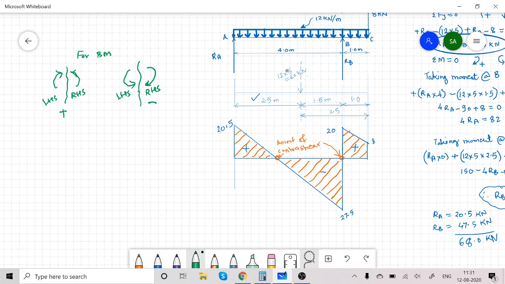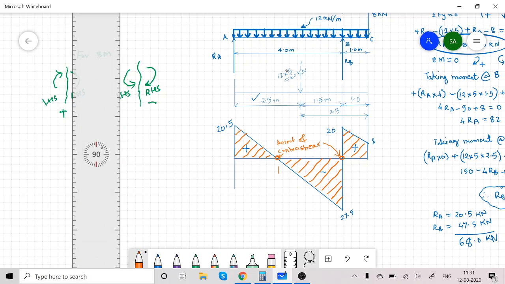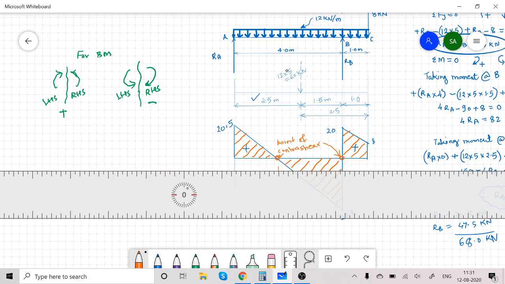Now remember this point, as I told you, the point of contra shear here. We must locate this point because here the bending moment is maximum.